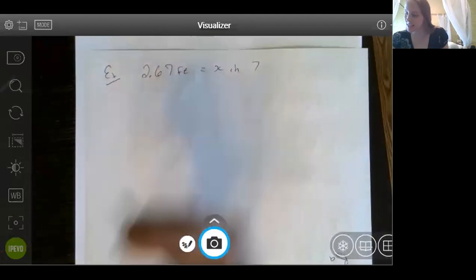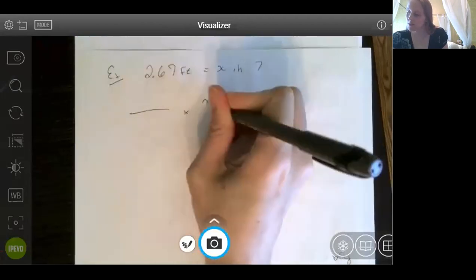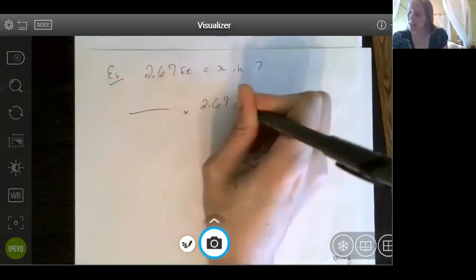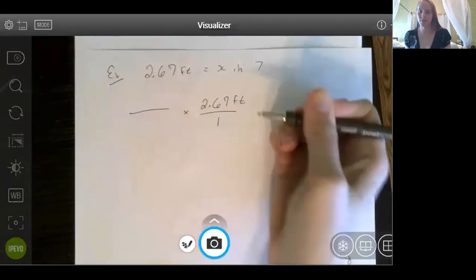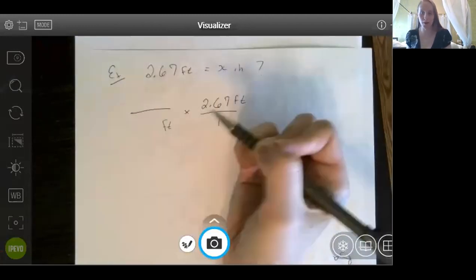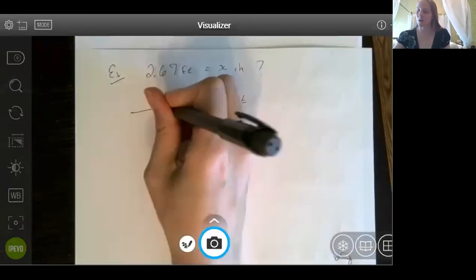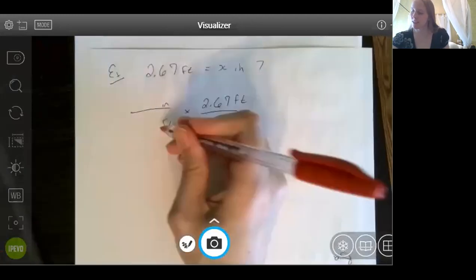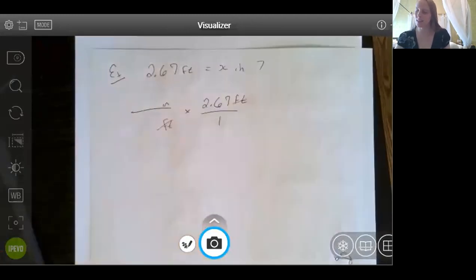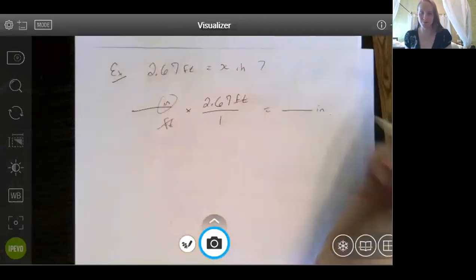But in this case, I'm going to be multiplying by 2.67 feet over 1, which means that feet have to be on the bottom in my conversion and inches need to be on top so that these feet cancel out and leaves me with inches for my final answer.